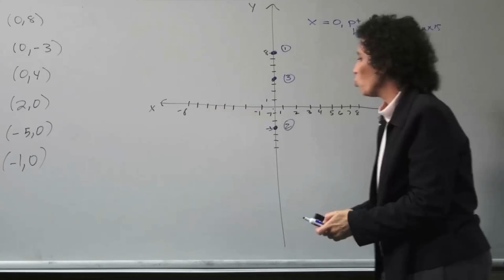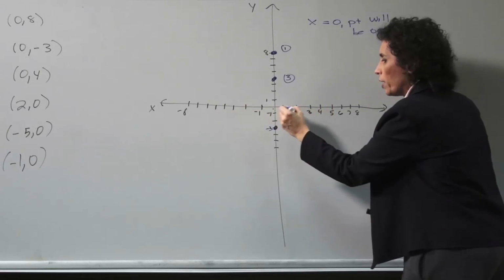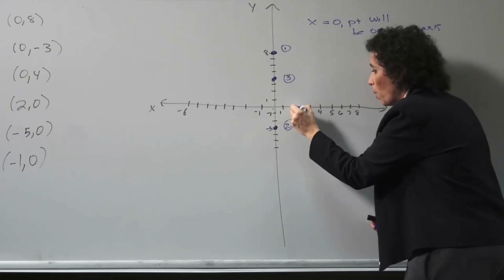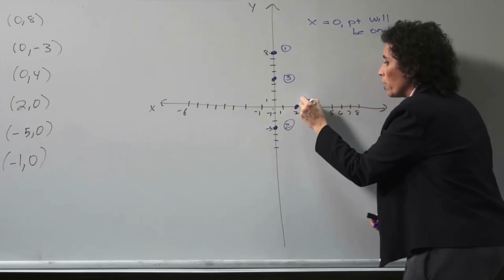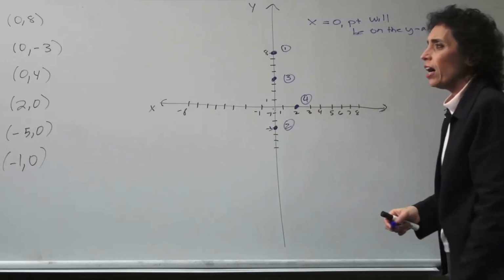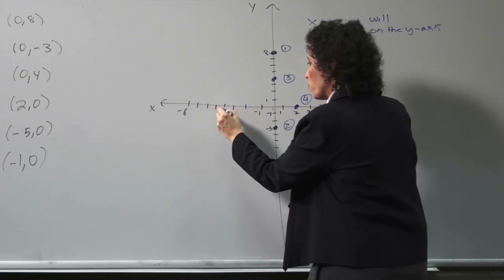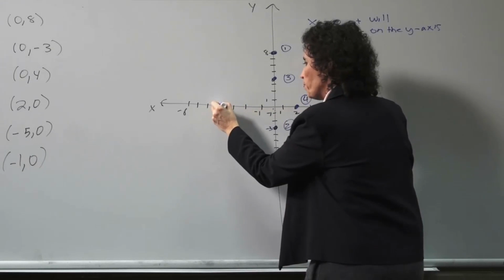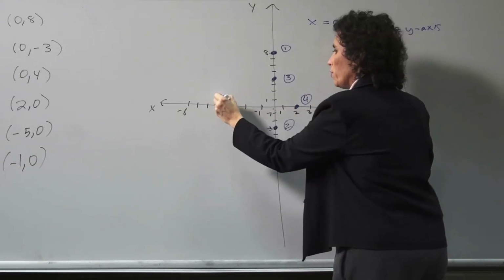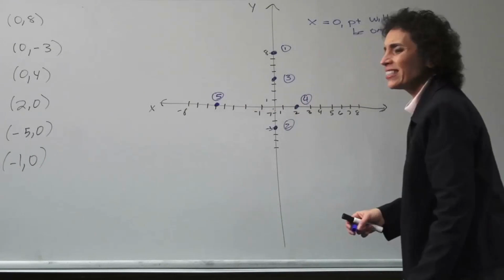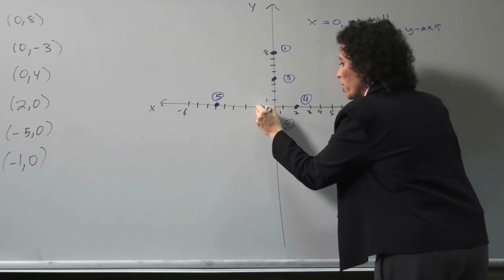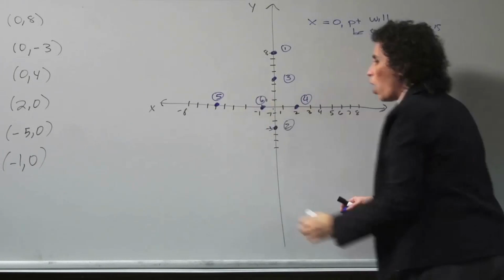Let's talk about 3 other examples where your Y is 0. Point 4 is (2, 0): 2 on X, 0 on Y, so don't go up or down. Point 5 is (-5, 0): negative 1, negative 2, negative 3, negative 4, negative 5, right here. Point 6 is (-1, 0). Here your Y's were 0.